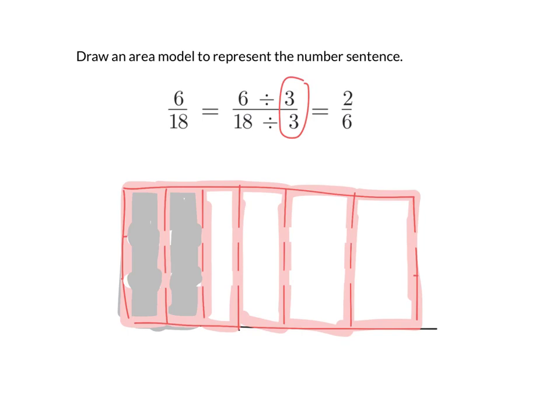And how many of those 6 are shaded in? 2. Okay, so you don't need to erase the lines. I just wanted to show you because I could. This is how you show that 6/18 equals 6 divided by 3 all over 18 divided by 3. Where are we doing the dividing by 3? We're dividing by 3 when we put 3 into one larger group, okay, equals 2/6.